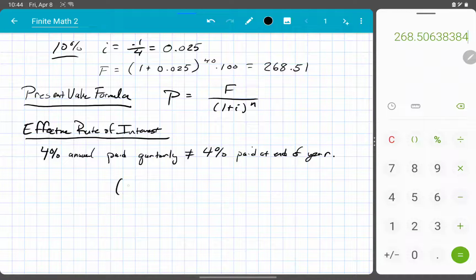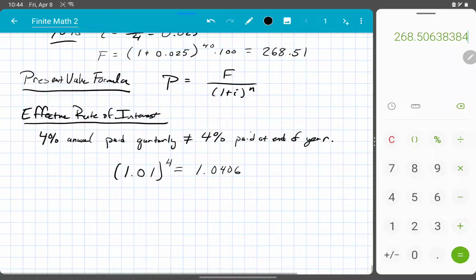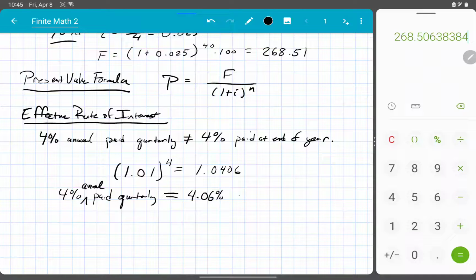We showed, right, if we compound 1% quarterly, we get 1.01. And then we raise that to the 4th power to get a full year, and you get 1.0406. So 4% annual paid quarterly is equal to 4.06% paid annually.